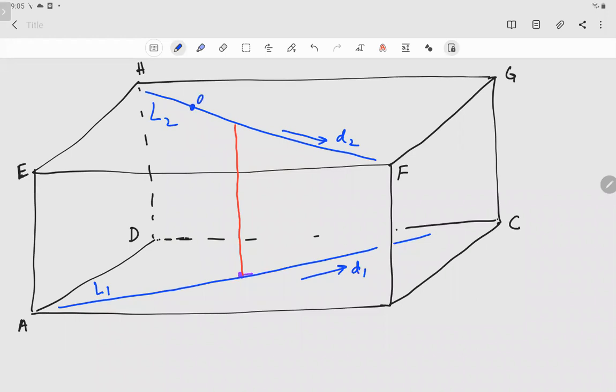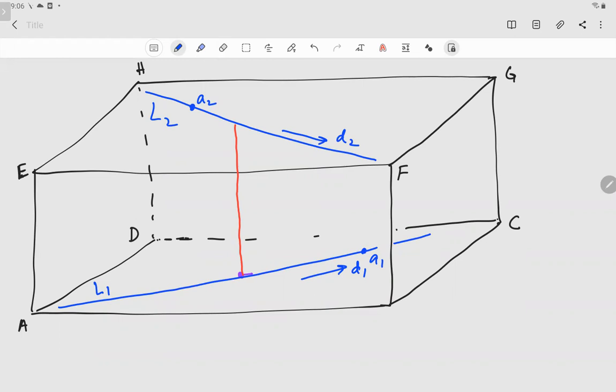Point A2 is any point on the line L2, and A1 is any random point on the line L1. I take this as point A1 over here. And I am in search of this red distance, the shortest perpendicular distance between the two lines.